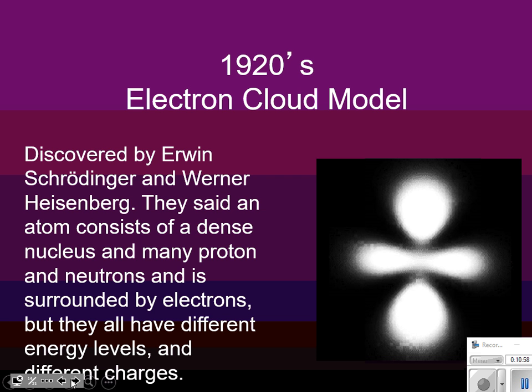He said that they were surrounded by electrons that were on what they call electron clouds. He said that these electron clouds all had different energy levels, and that the protons and the electrons had different charges.